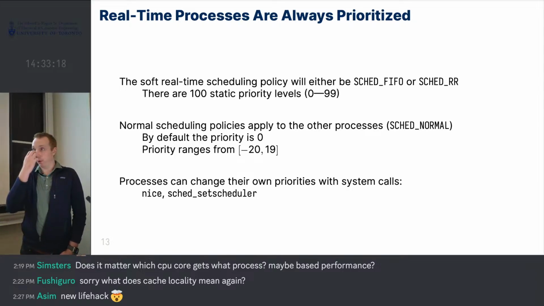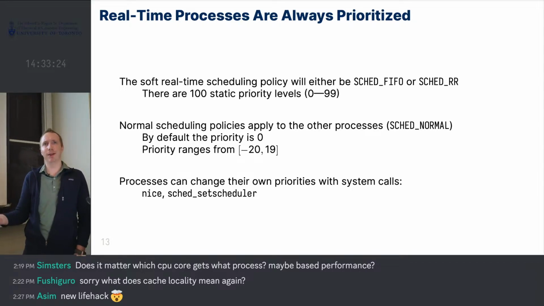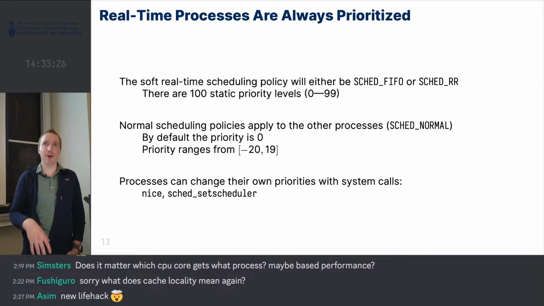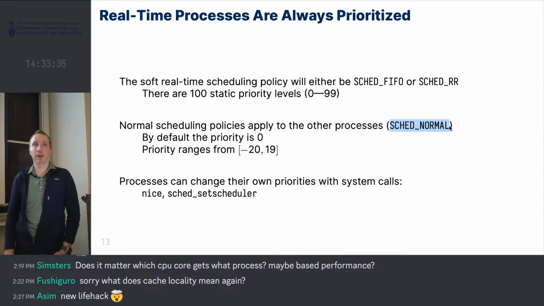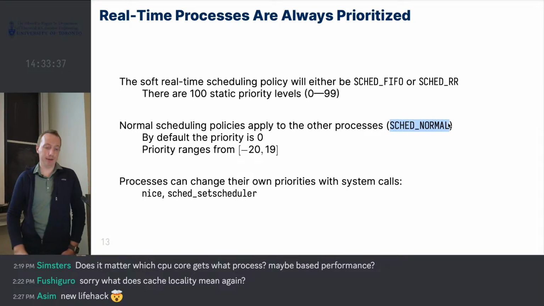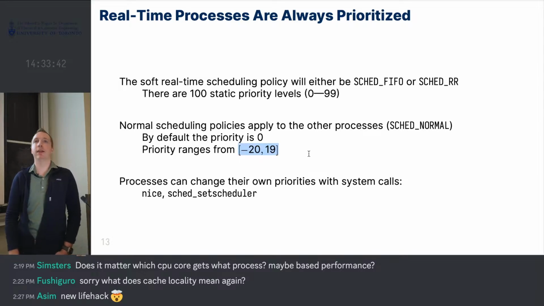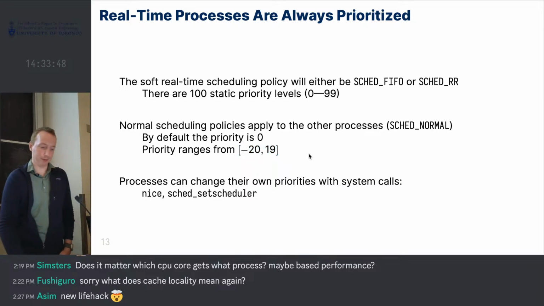For soft real-time processes in Linux, they're assigned static priority levels 0 to 99, where annoyingly 0 is low and 99 is high. Otherwise, if there are normal processes on your machine, they are given the SCHED_NORMAL policy, and the default priority for that is 0, and the priorities range from -20 to 19, where -20 is high and 19 is low.